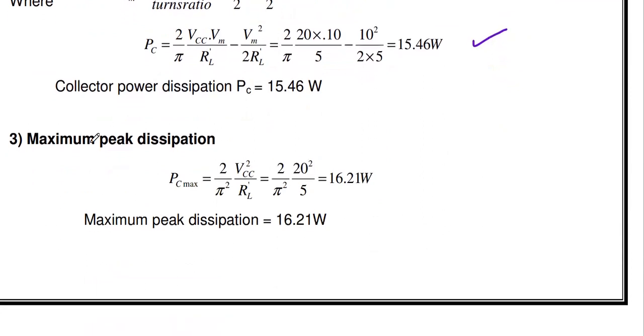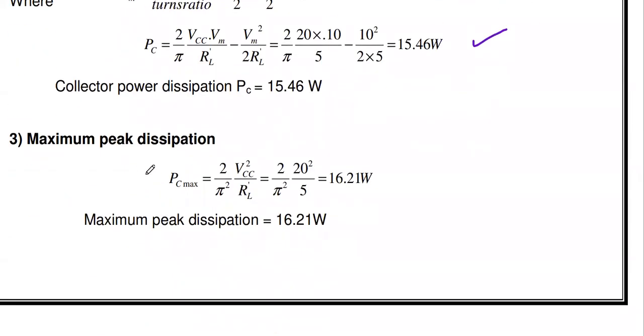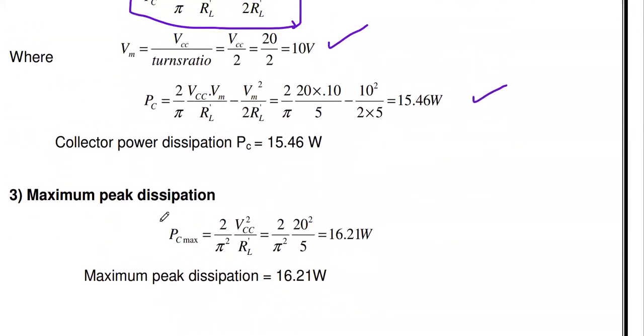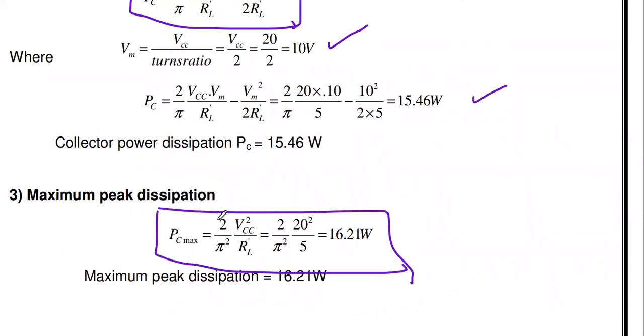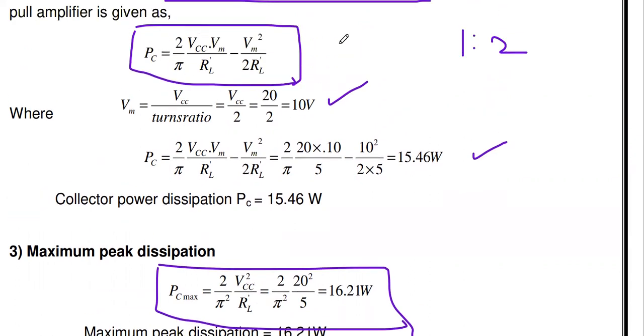And the third one, maximum peak dissipation we have to find out. So the maximum peak dissipation. So this is the actual collector dissipation. So the maximum peak dissipation is PC max equal to, the formula is 2 divided by pi squared VCC squared divided by RL dash. Okay, so this is the power dissipation in each transistor collector.